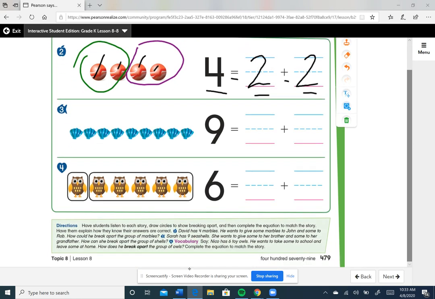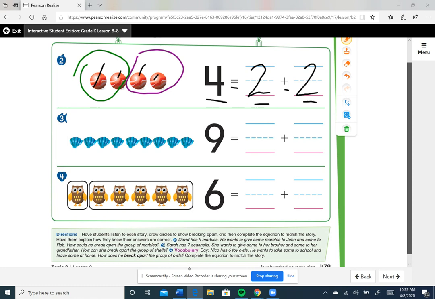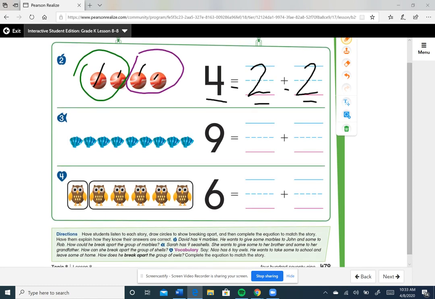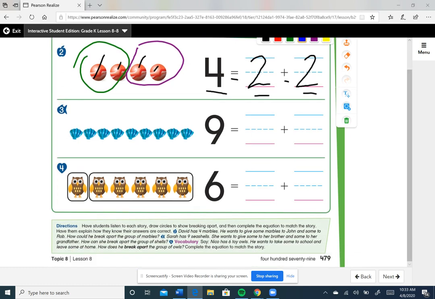Now, number 3, Sarah has 9 seashells, and she gives them to her 2 sisters. How can she break up these seashells?